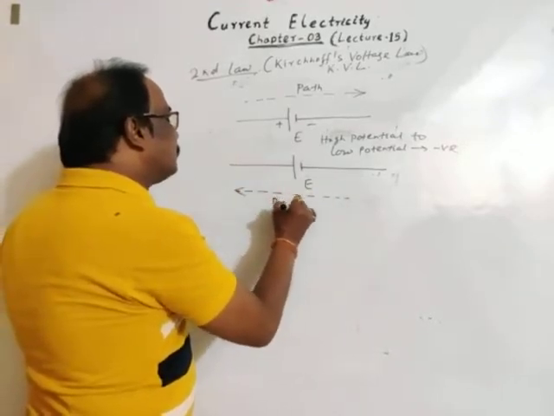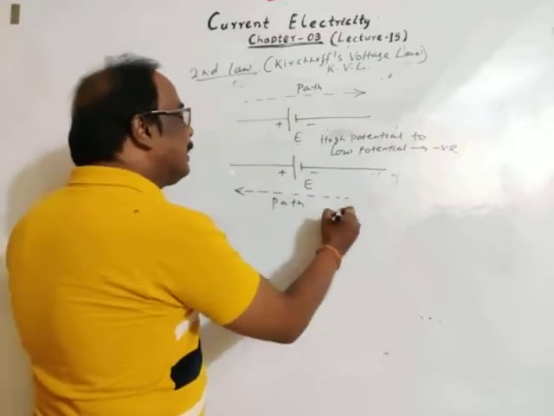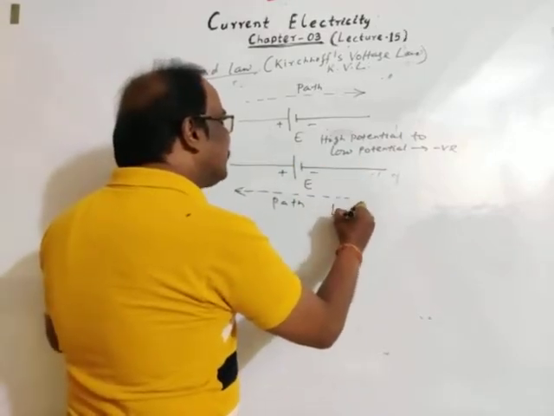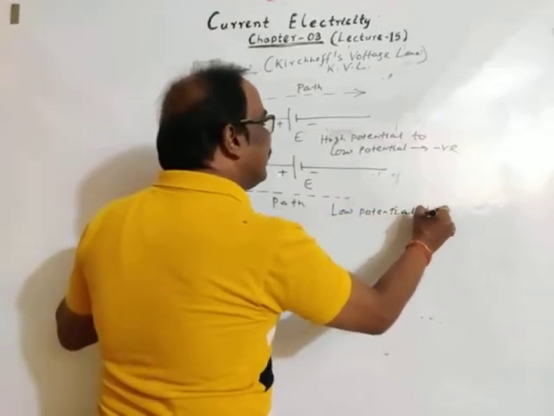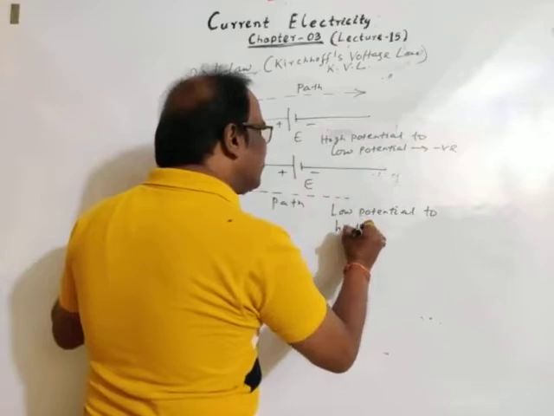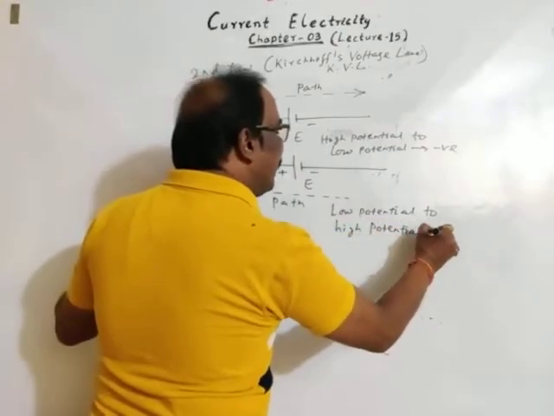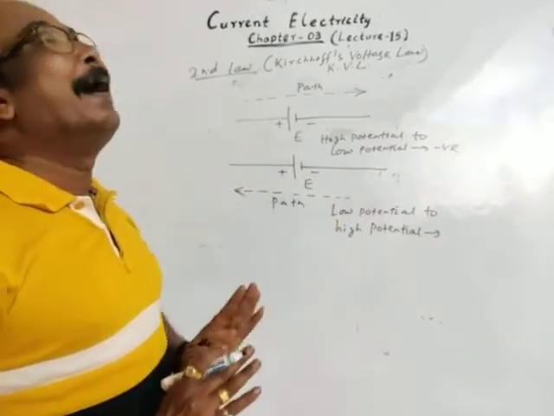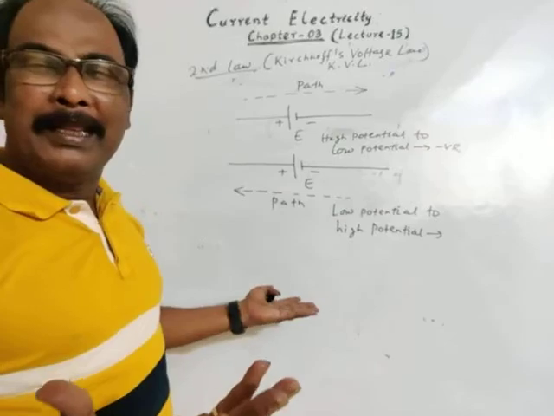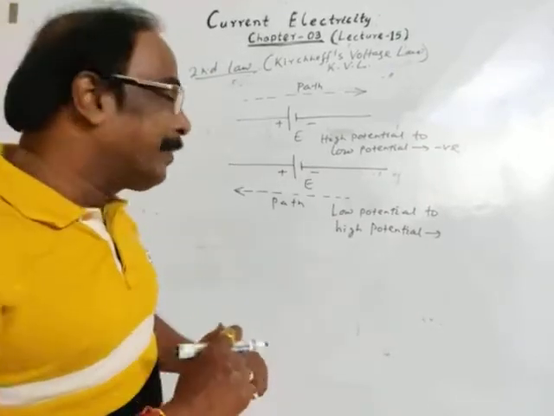Now we are traveling from low potential to high potential. If we travel from low potential to high potential, then the potential increases, means there is a gain in potential.